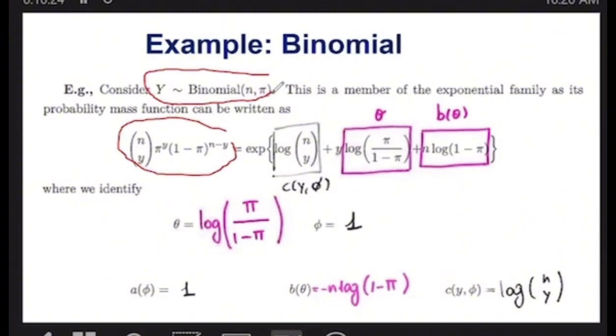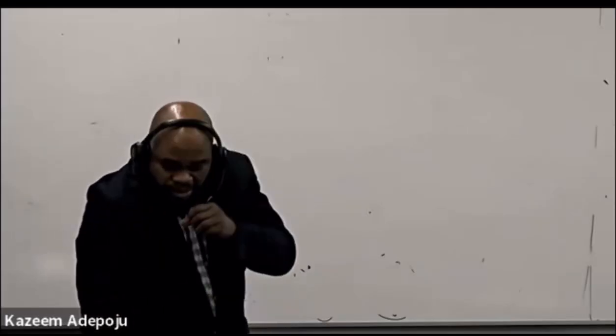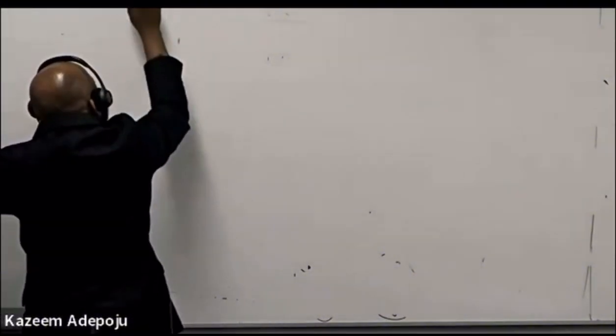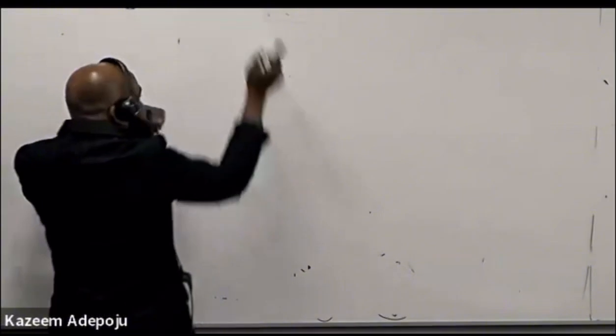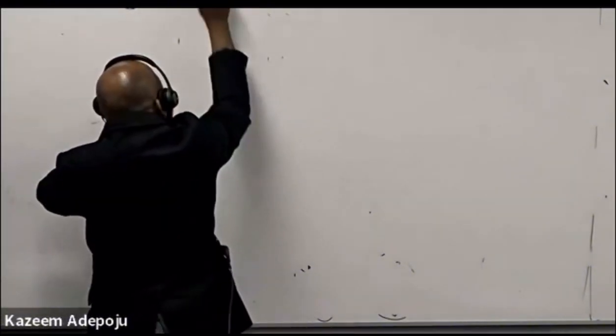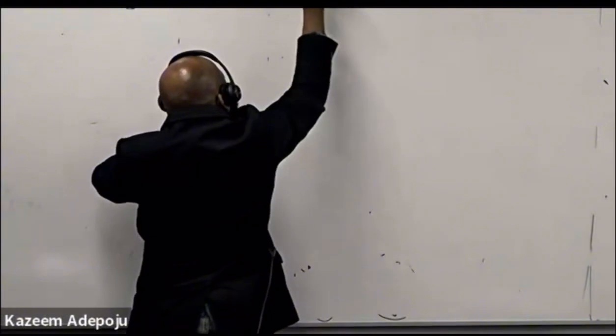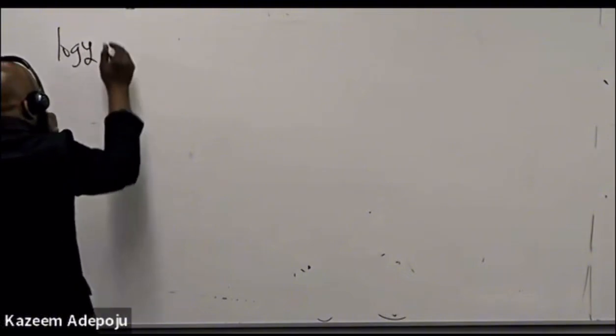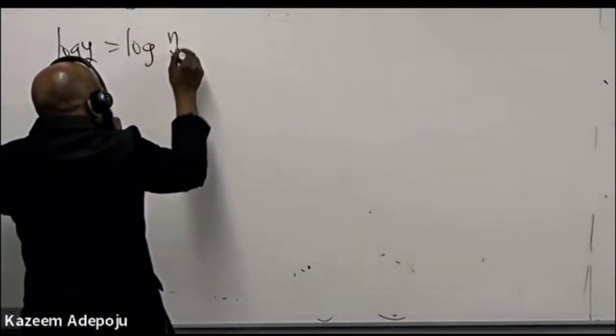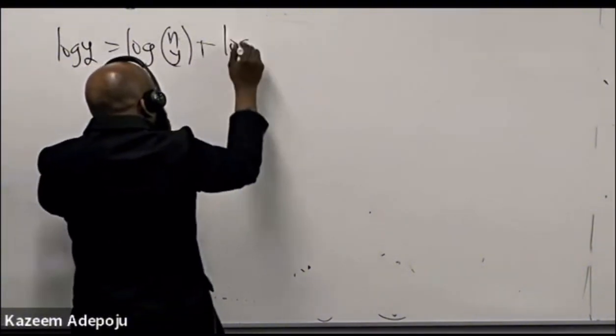Now, if f of y equals n choose y, please pay attention. If I have this, and this is a binomial distribution, I want to investigate it as a member of the exponential family. I take the natural log.